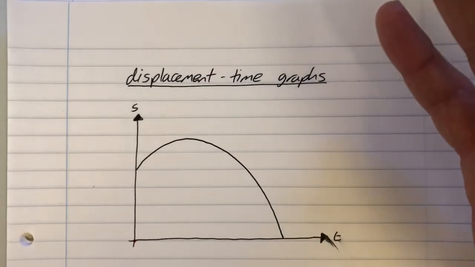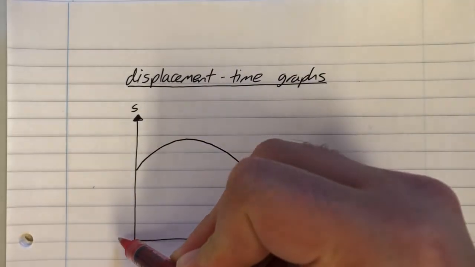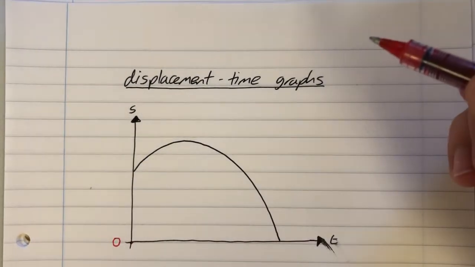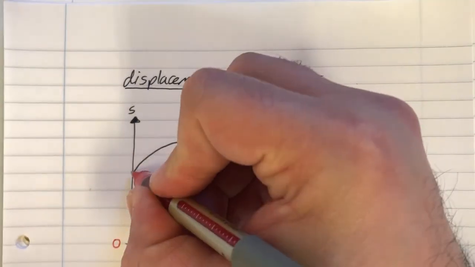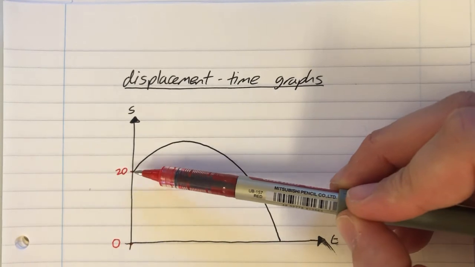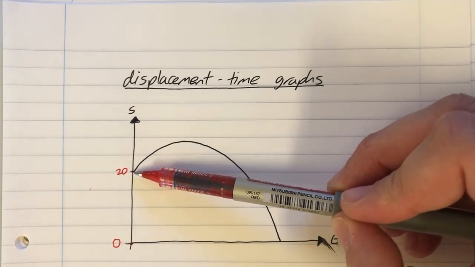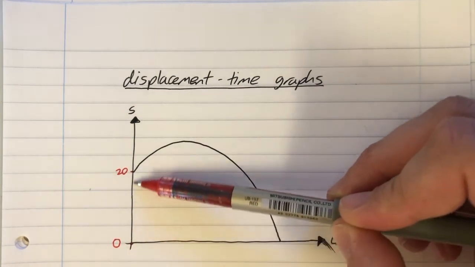All of these graphs are relative to a fixed point, and we call that point the origin. Let's say this distance is 20. This particle is starting 20 meters from the point O, specifically in the positive direction.